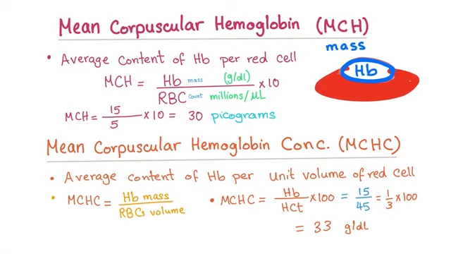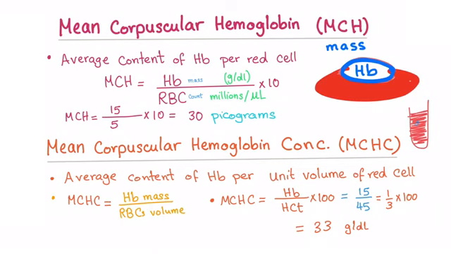Mean corpuscular hemoglobin concentration is different. It's the average content of hemoglobin, not per red cell, no, per a volume of blood that has red blood cell. So let's say that I give you a test tube that has a certain volume of red blood cell. Okay, what's the weight?